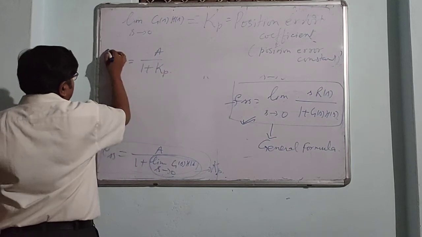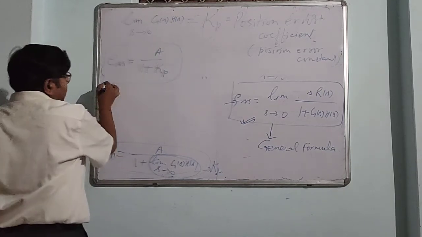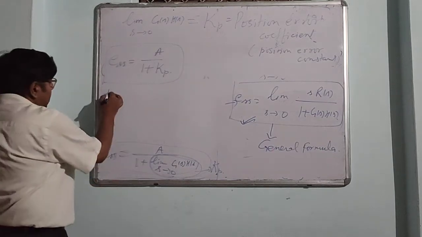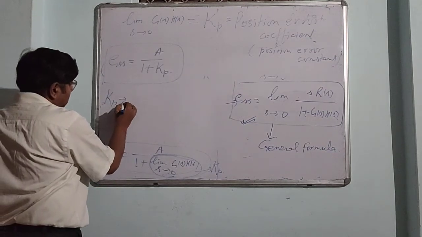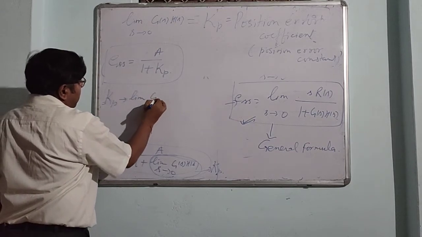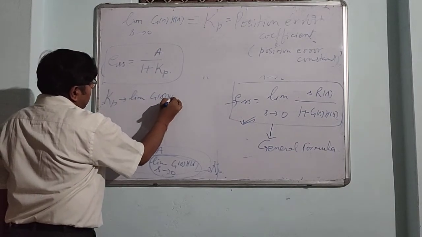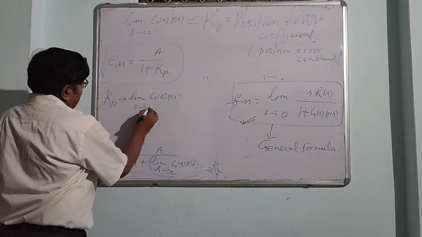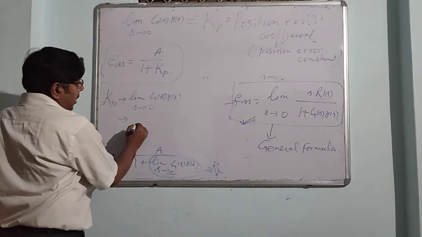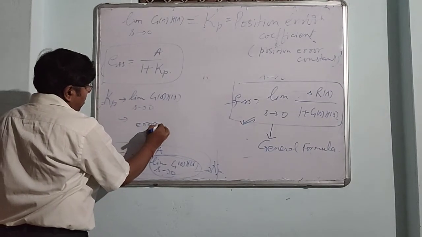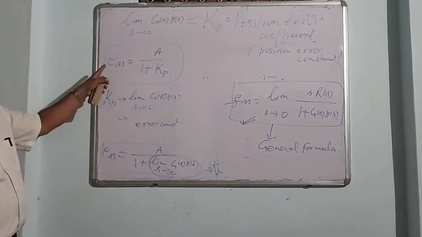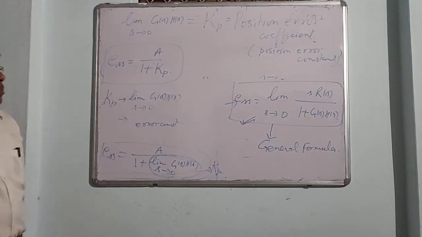So this is the part for steady state, where Kp is defined as the limiting value of G(s)H(s), and this is called the position error constant.